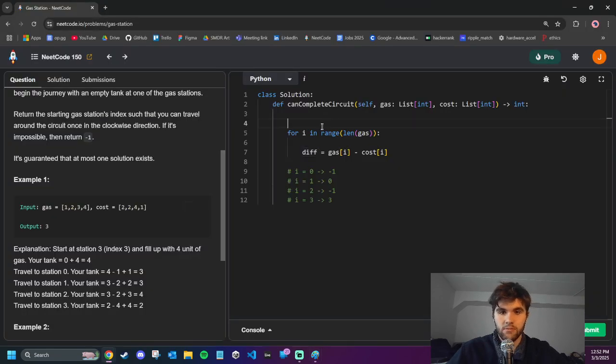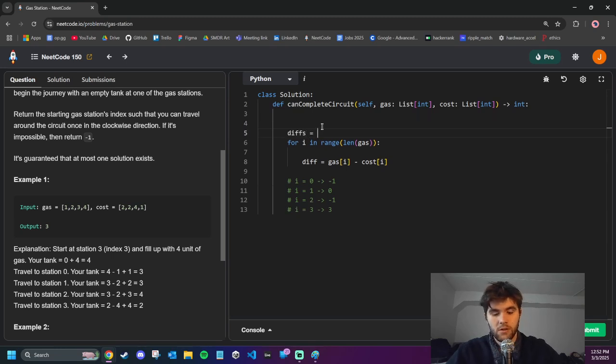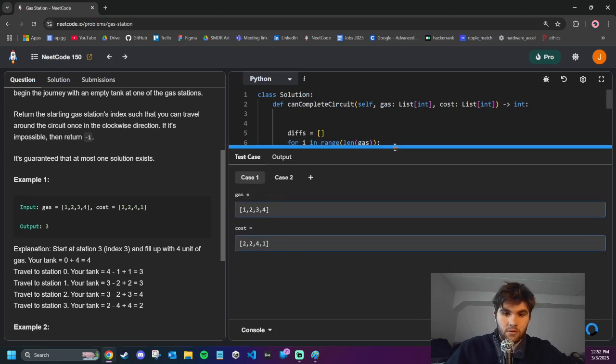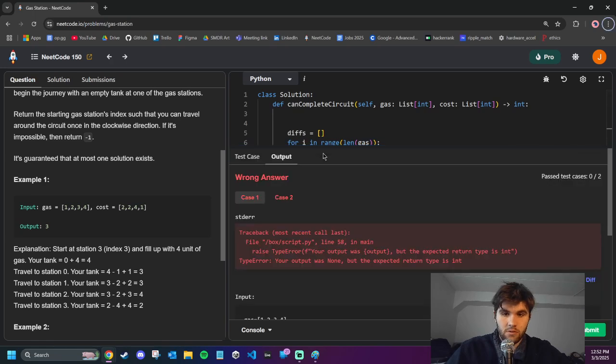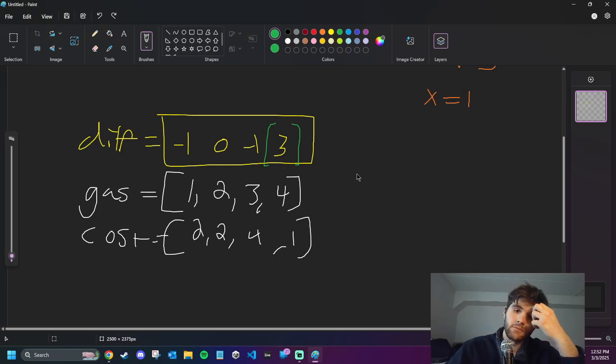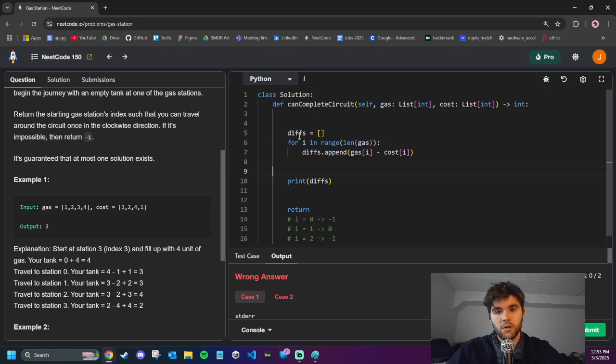Okay, so let's call, I'll say diffs is like that. And then we will diffs dot append this. Okay, so now what I want to do is iterate through. Maybe I could call this net gas.